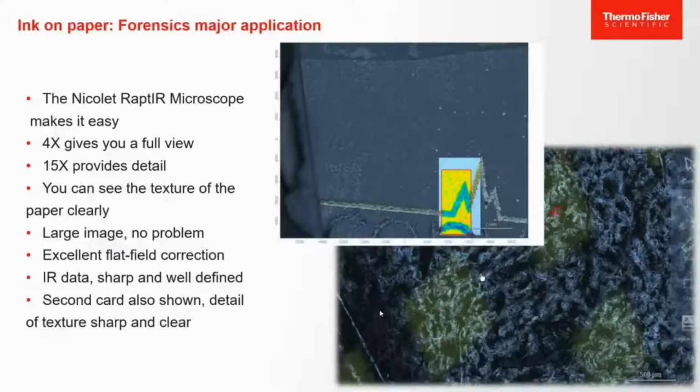This flat-fielded image has a very good full view of the sample, and it makes finding the location to do your analysis trivial. Then the bluish colored box is a 15x mosaic that allows you to zoom in on the part of the sample of interest. And then the colored box is the infrared analysis box. So you can see we've done a very large area of that sample, several millimeters in size, using the RaptIR microscope.